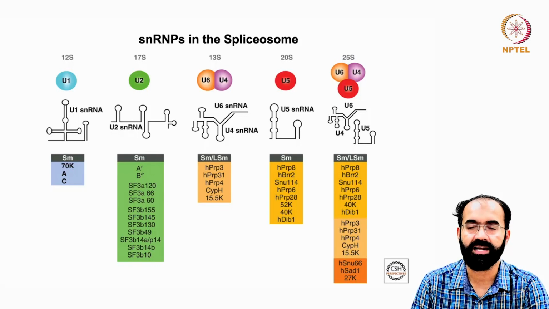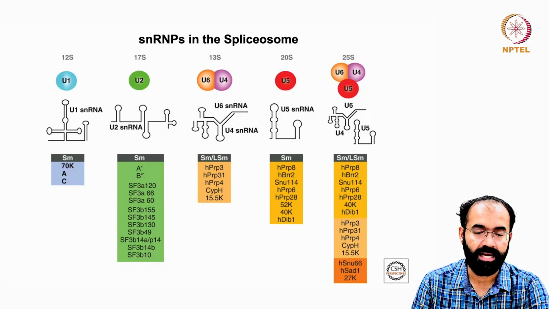This is the U2 snRNA, 17S. From the picture itself you can make out this is 12 and this is 17, and the size is also much higher for the U2 snRNA. These are all the possible complexes, like A and C complex, and A star and B star complex, and you have multiple proteins associated with U2 snRNA.